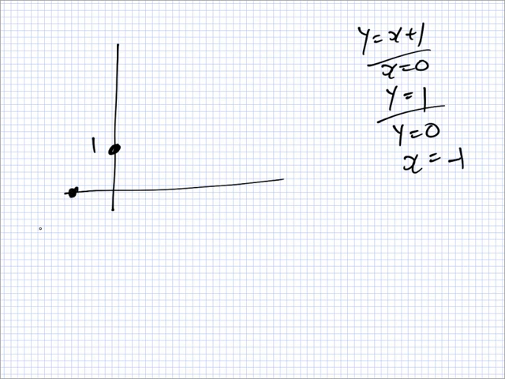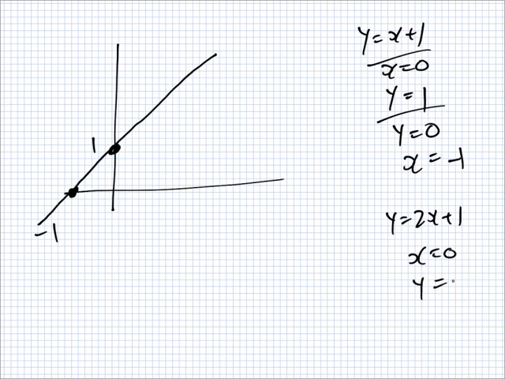So there's my first line. The next one is y equals 2x plus 1. So if x equals 0, y equals 1, which is here. And then if y equals 0, x equals minus a half, isn't it? So that is here.